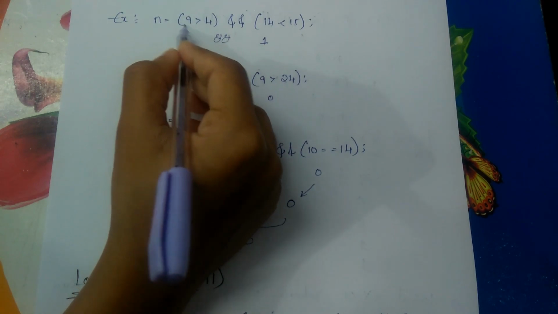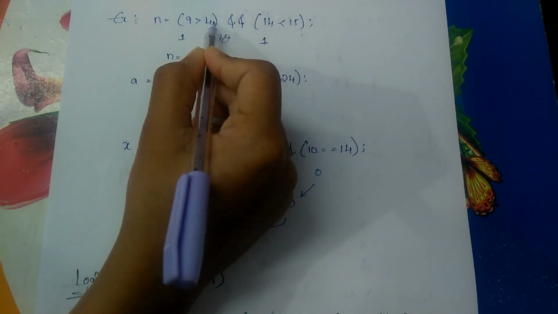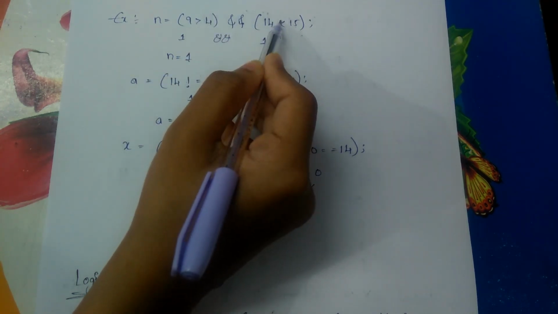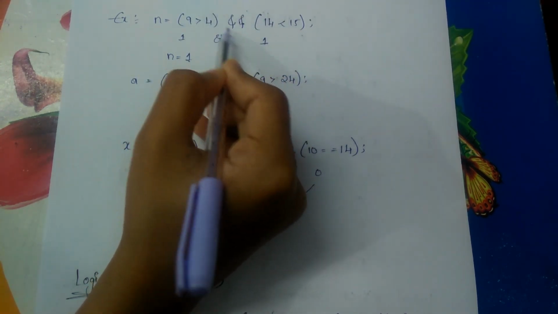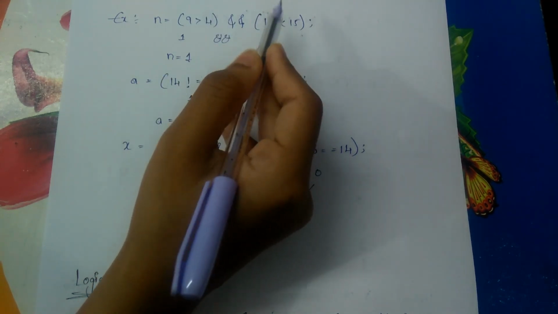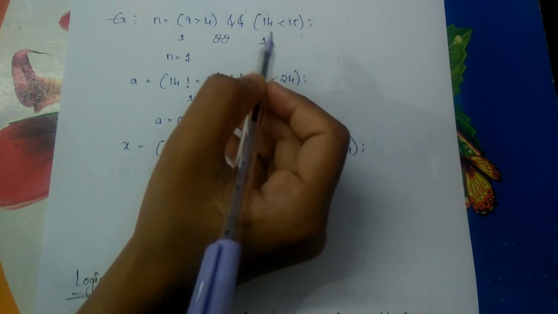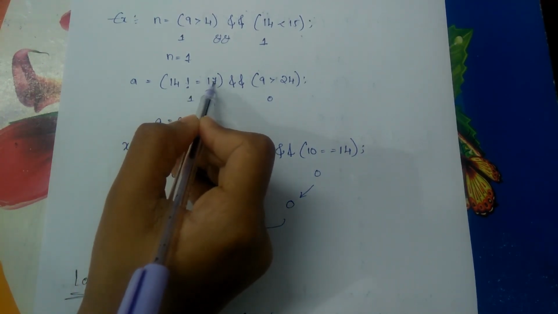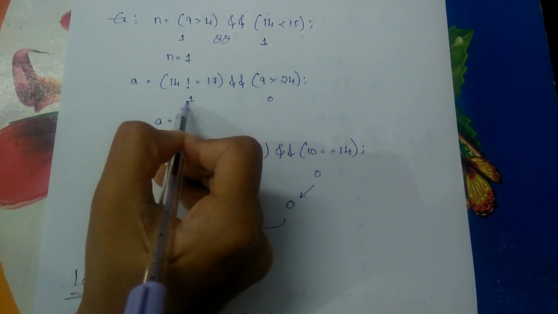Here we are using relational operators. This is a relational expression and this is also a relational expression. Both are relational expressions, and we are performing the logical operator in between them. The second example is 14 not equal to 17. Yes, this statement is true, so it returns 1.